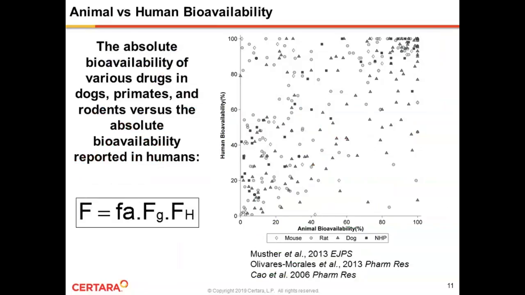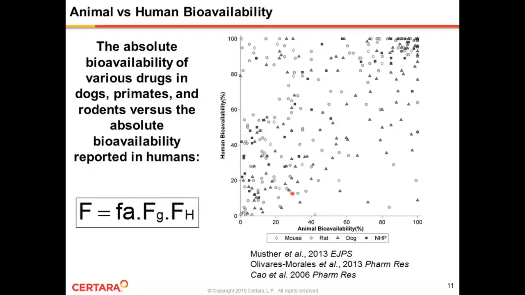So this is one of the reasons why automated translation or direct translation is not possible, because on the plot here you can see on the y-axis the human absolute bioavailability, and on the x-axis the animal bioavailability, which comes from different species such as the mouse, rat, dog, and the primates.